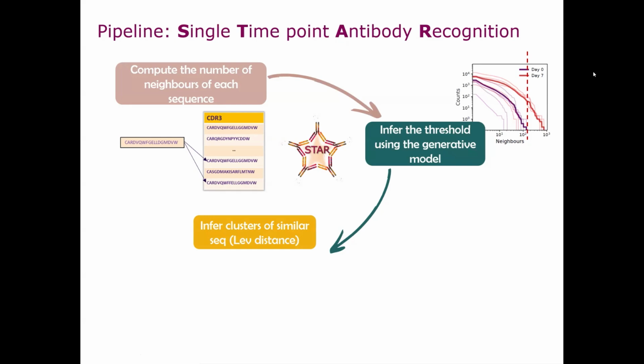For fast STAR, which is really quick and can run in 1 hour, we just compute the number of neighbors according to the definition that I gave, and then look at the sequences that are above the threshold.